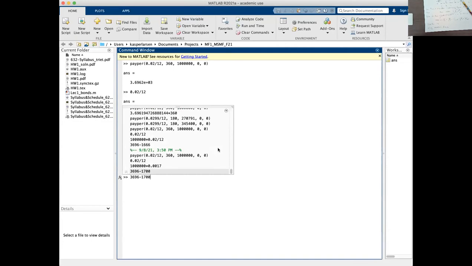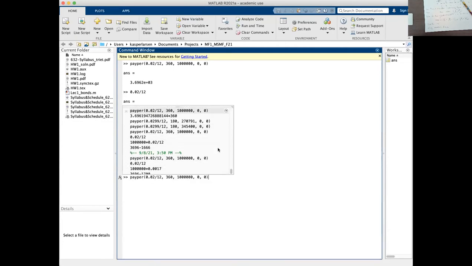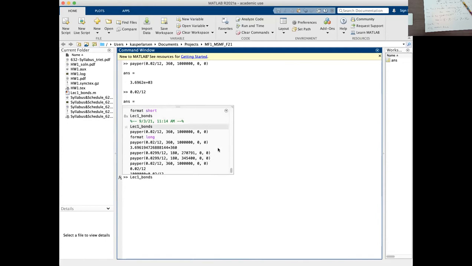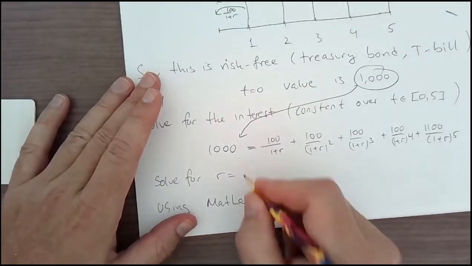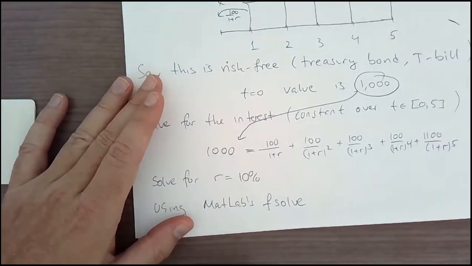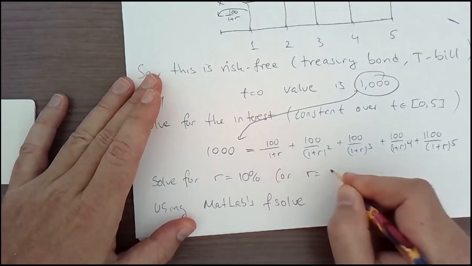If I go back and run the code, it's called Lec1A bonds, you can see that it ran Lec1A bonds, equation solved, solution is 10%. So we were successful in solving, and we got 10% as the answer. So we solved for r equal to 10%, or r is equal to 0.1.